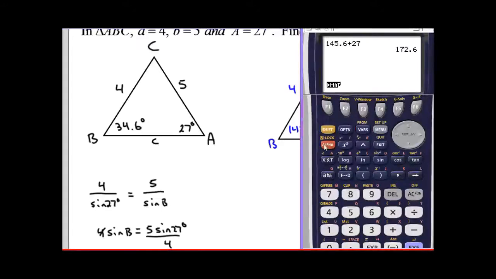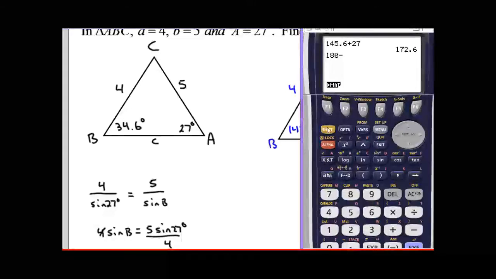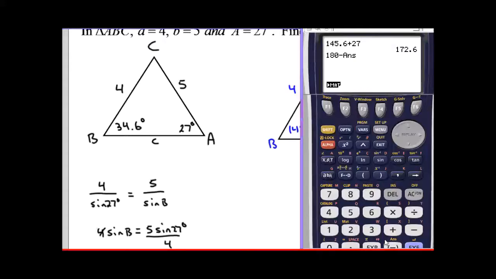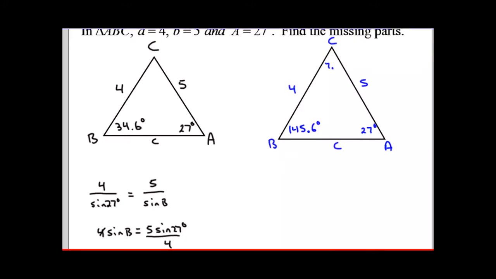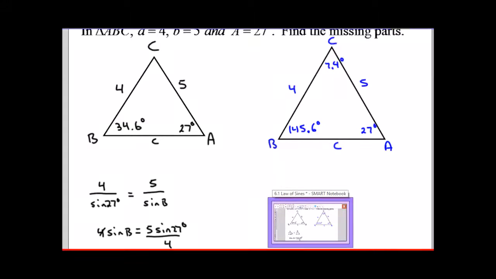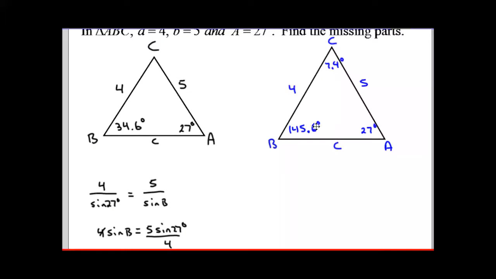If I take 180 and subtract that answer, then my angle C could be 7.4. So if I come up here, this angle could be 7.4 degrees. It works in this triangle. So there are two possible triangles.